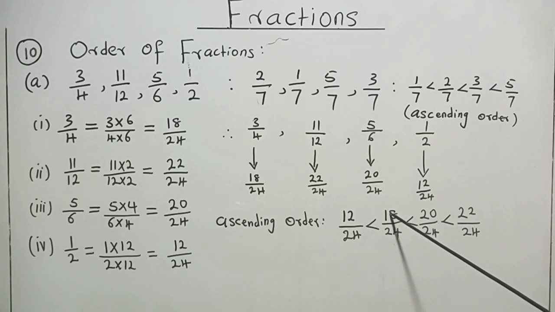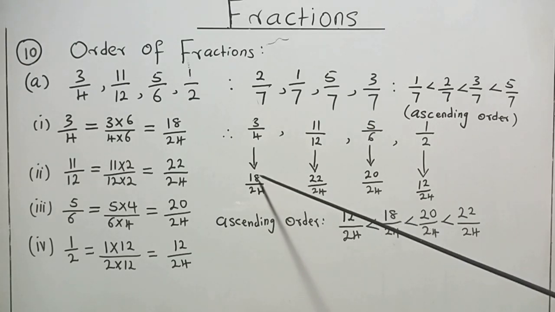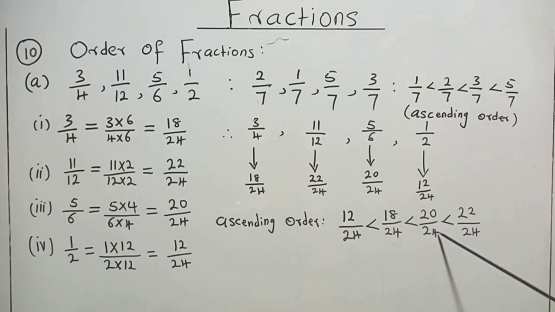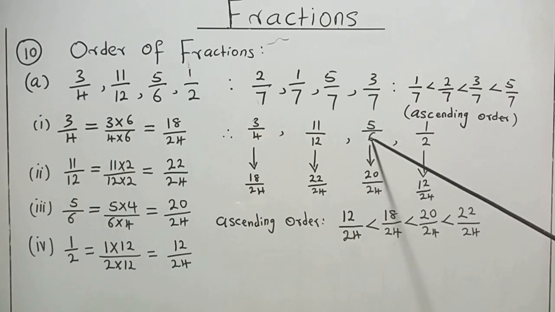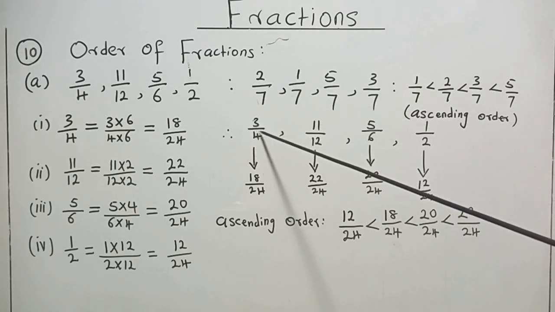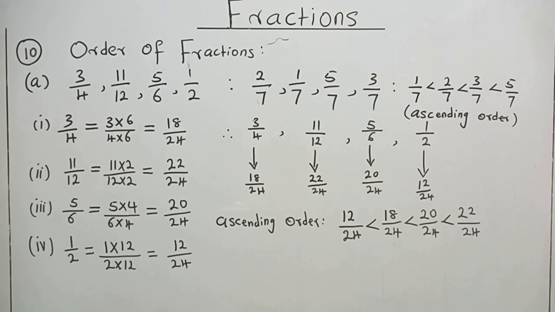This 18 over 24 corresponds to this. This 20 over 24 corresponds to 5 over 6. This 22 over 24 corresponds to 11 over 12. Based on this, find the arrangement of these 4 fractions in ascending order of magnitudes. Please watch out.